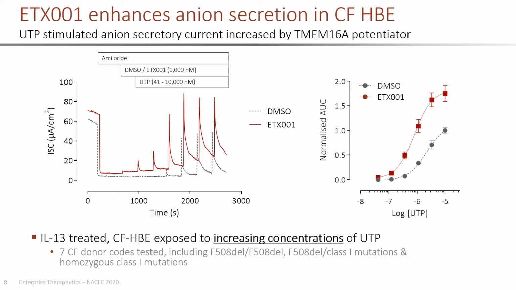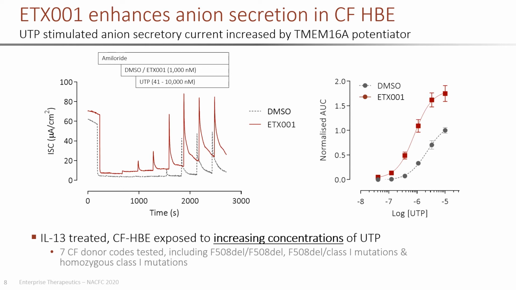And if we plot this, for example, as area under the curve and plot that UTP concentration response in the presence of our TMEM16A potentiator, you can see a very clear enhanced efficacy at each one of those UTP concentrations. So consistent with the fact that our TMEM16A potentiator can enhance the activity of native TMEM16A in primary CF epithelial cells.